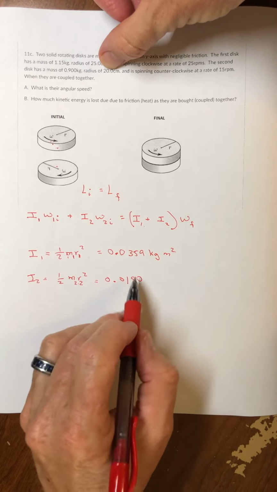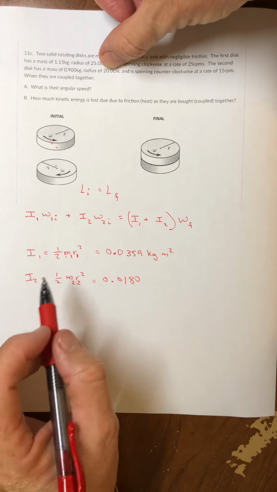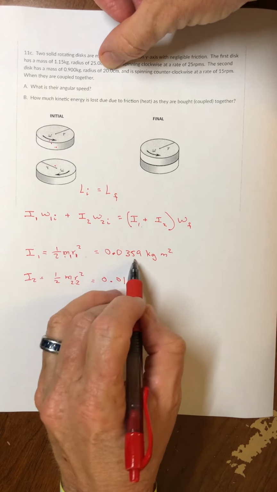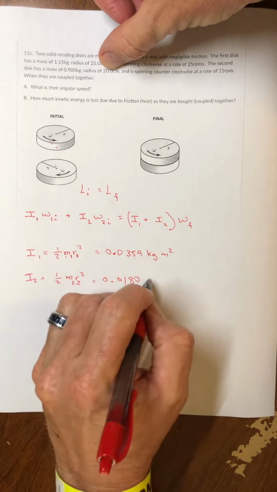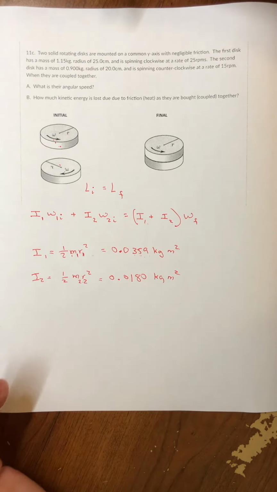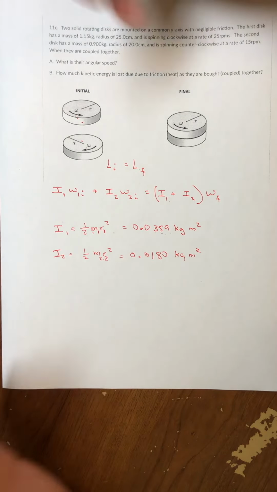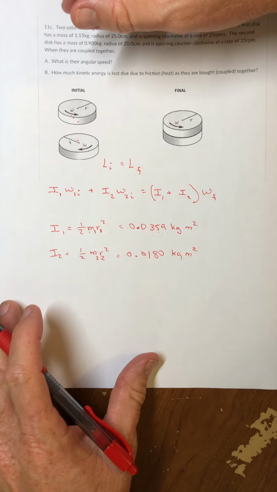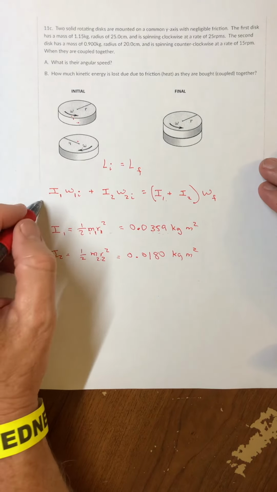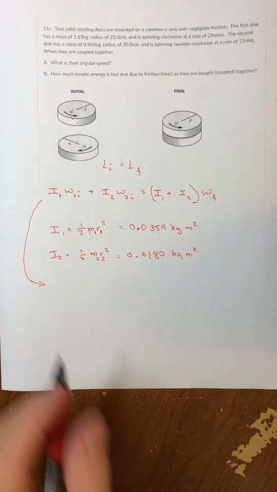In fact, that's really half as much, because 18 doubled is 36. So we're almost there. All right, so they don't have the same inertia, and rightfully so. You can tell that. The second one has less mass and less radius. So for both those reasons, it has less inertia. Okay, so now I can actually do this step.